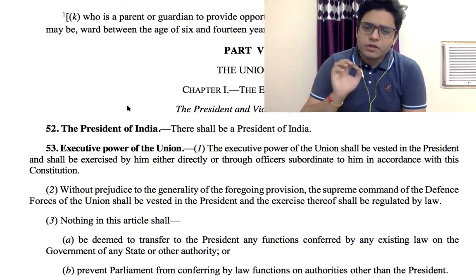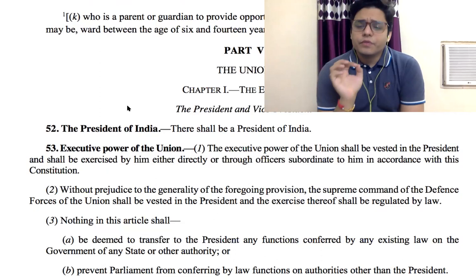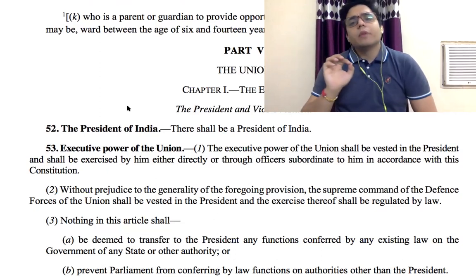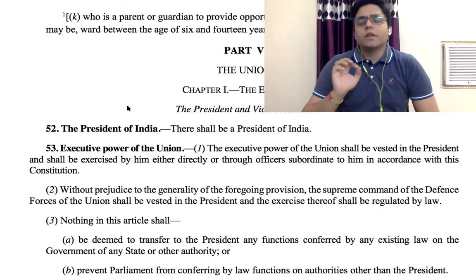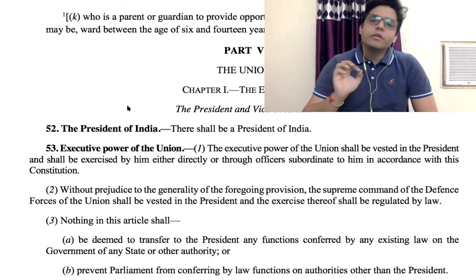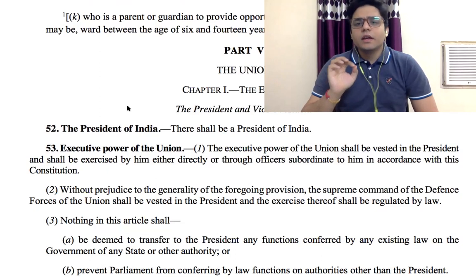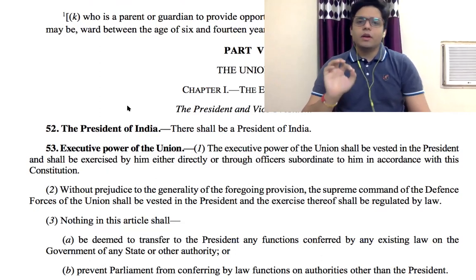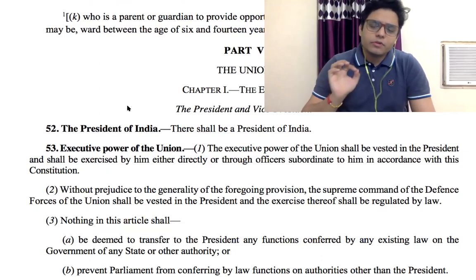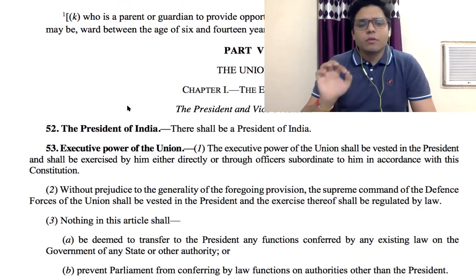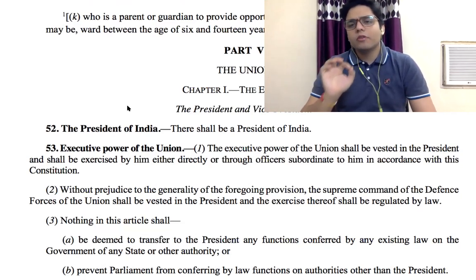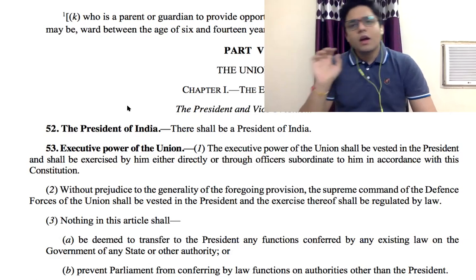What sub-article 2 says is that the President will be the supreme commander of all the defense forces, whether Air Force, Army, or Naval forces. He or she, whoever is holding the post of President, will be the supreme commander. What we need to remember is that sub-article 2 is about armed forces.